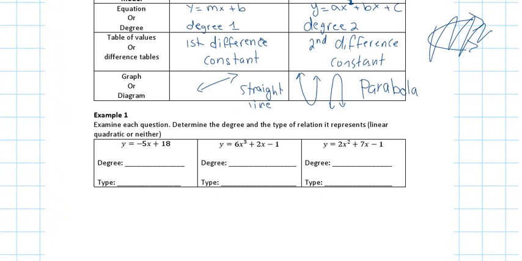What's the degree on the first one? Degree 1. So what kind of function is this? Linear. What degree is the second one? Degree 3. And is this linear, quadratic, or neither?